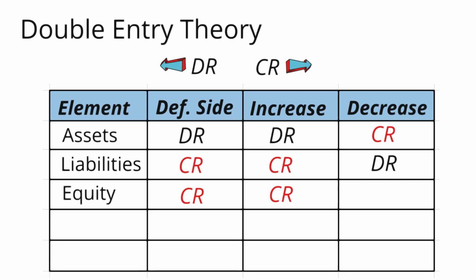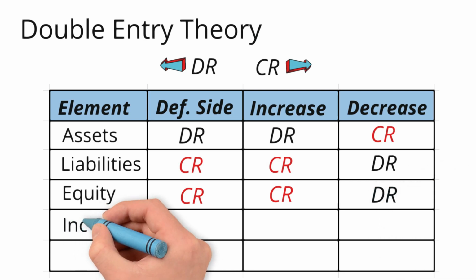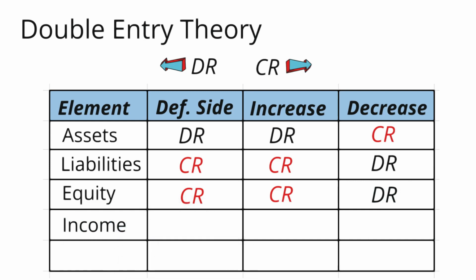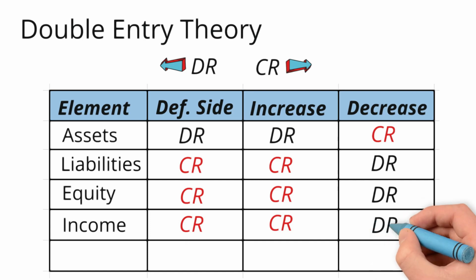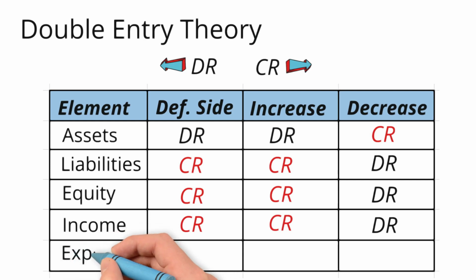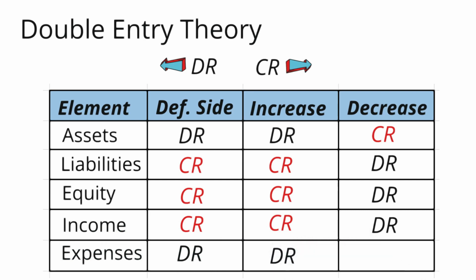If it decreases, it gets debited. Income. The default side is credit. If it increases, it gets credited. If it decreases, it gets debited. Expense. The default side is debit. If it gets increased, it's debited. If it decreases, it's credited.